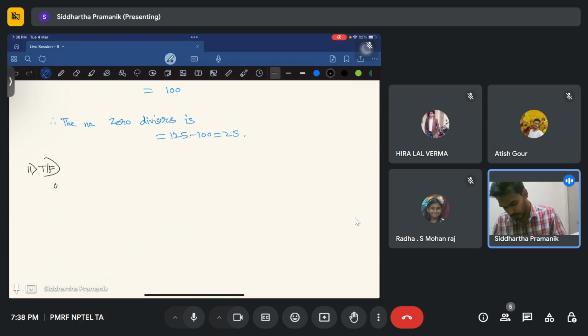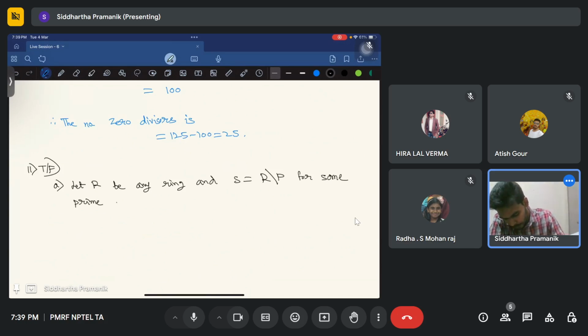So first one is, let R be any ring and S equals R minus P for some prime ideal P. Means S is the complement of a prime ideal.